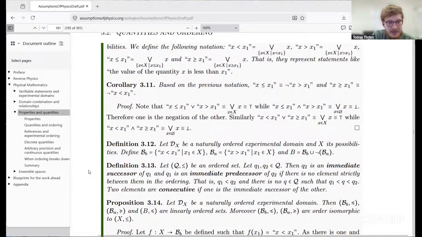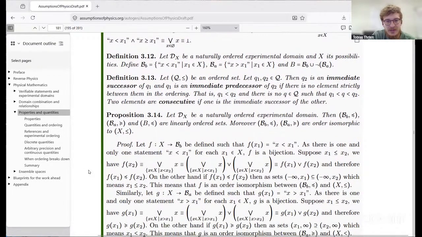Then let dx be a naturally ordered experimental domain. Then all statements of the type something before the other, together with the narrowness relationship, and the same with BA, and the same for this specific union, are linearly ordered sets.